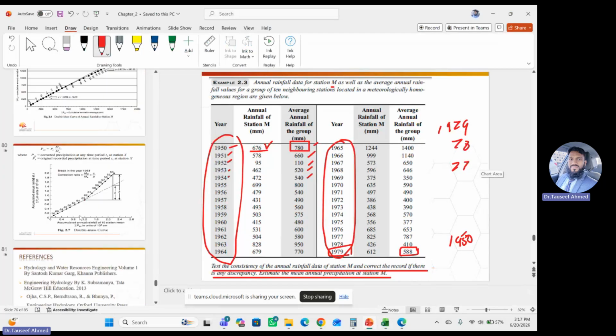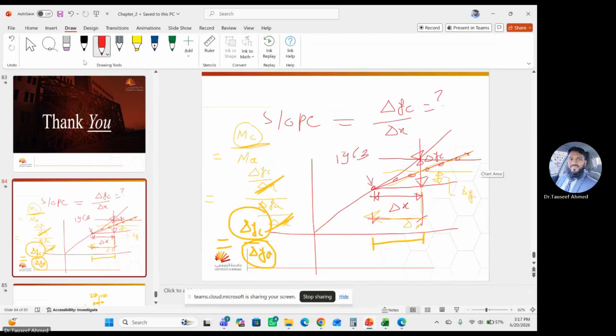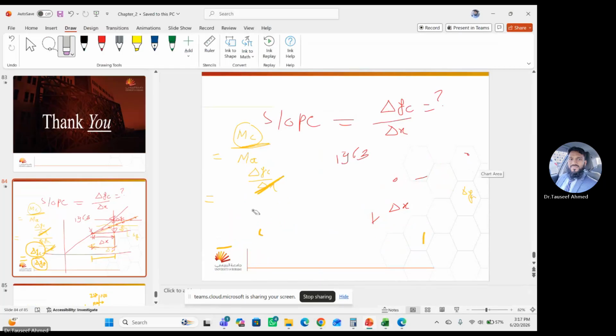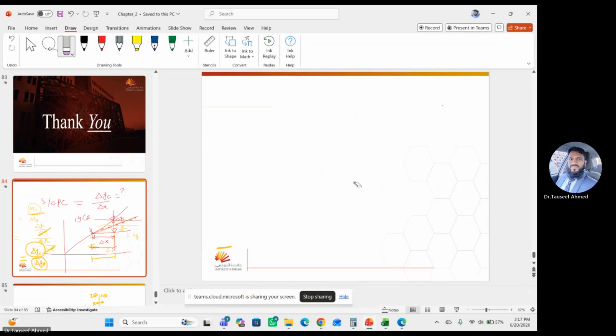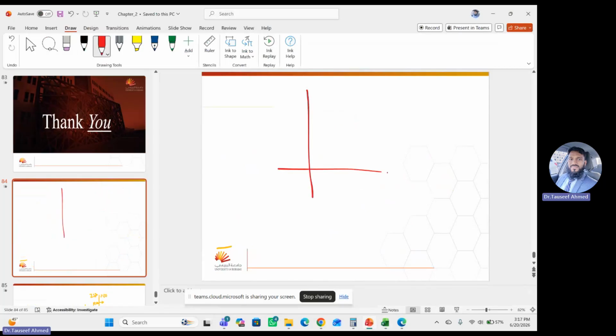How? See here. This is our graph. We draw the graph exactly. The line should be like this.